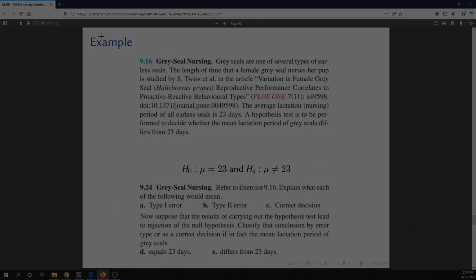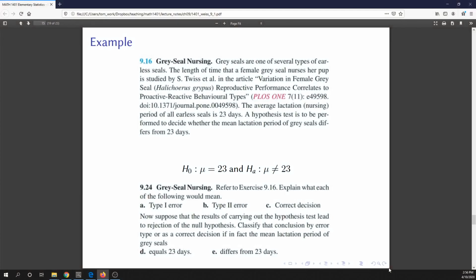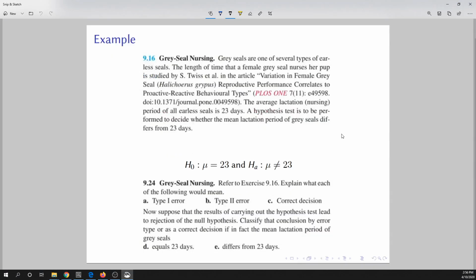Okay, so let's get to where we can write on here. All right, so just remember what the two errors are. A type 1 is when we reject a true null hypothesis.